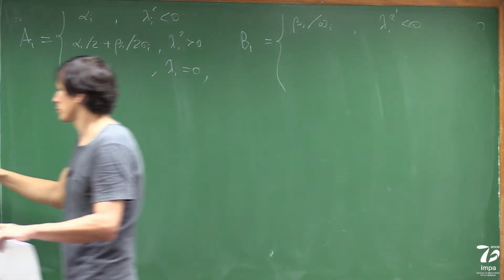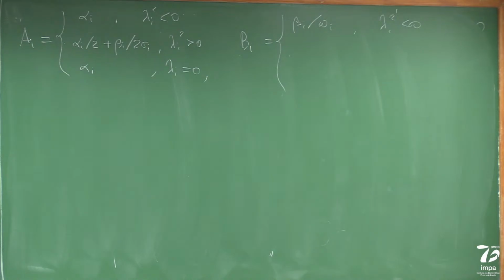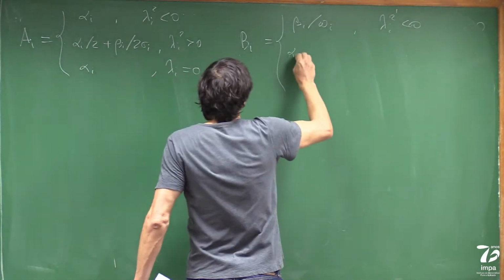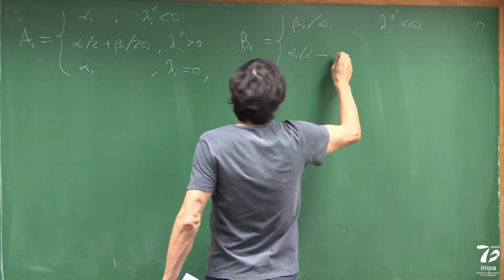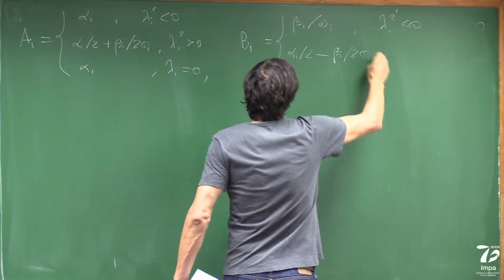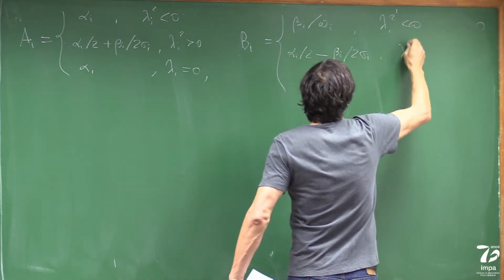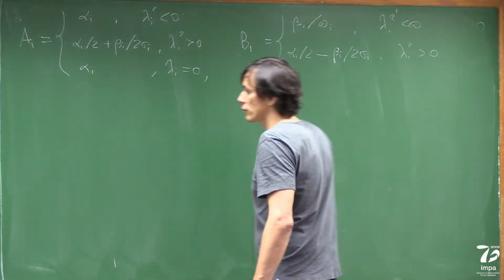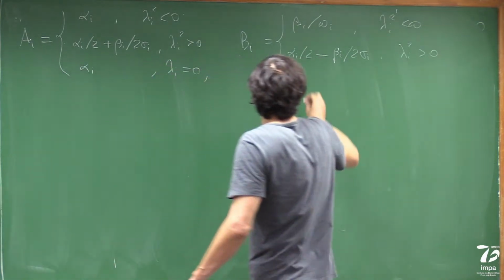Then from this and that, you express b_i as alpha_i over 2 minus beta_i over 2 sigma_i. And then from here you get the last.